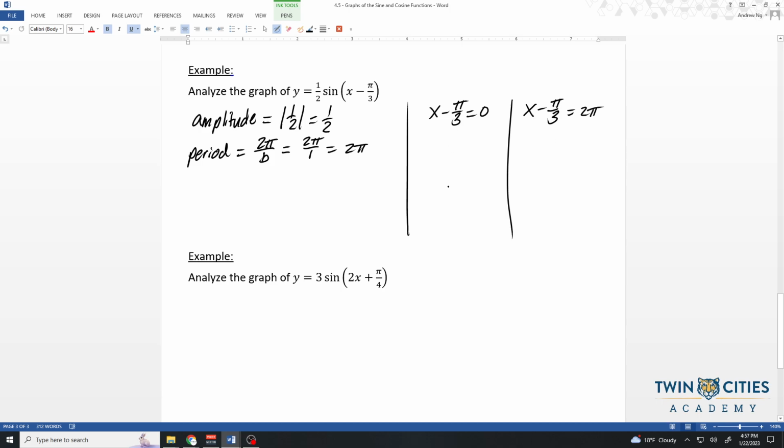I'm going to solve for both. For this one, I'm going to add pi over 3 to both sides, and we'll get one of these endpoints as x equals pi over 3.